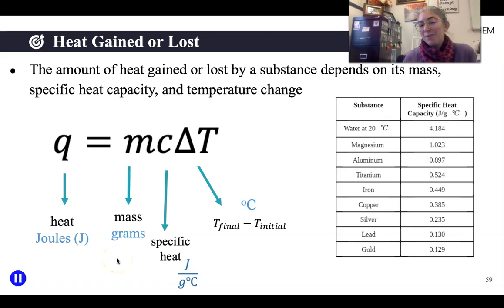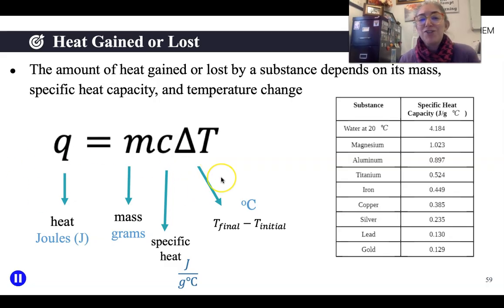Another equation where we see delta is in calculating the heat of a substance. So the amount of heat in a substance is going to depend on its mass, how much of that substance you have, what the specific heat of that substance is, and different substances have different specific heat. Specific heat is an intrinsic property like density, and the change in temperature.